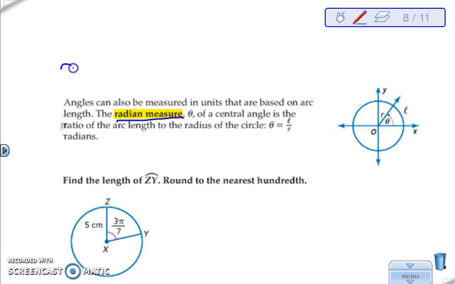Just like you can have feet versus inches versus centimeters all measuring length, we can have two different ways to measure an angle. So a radian is another unit. To convert from radians to degrees, we're going to use the fact that 2 pi radians is equal to 360 degrees.